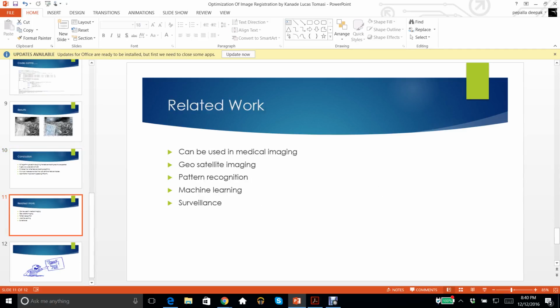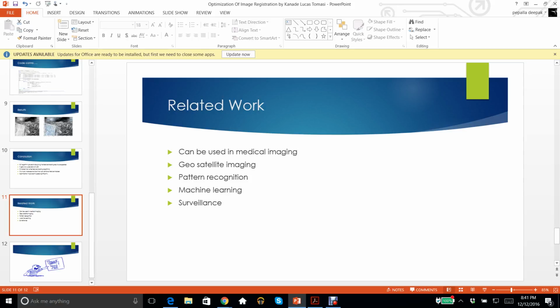Then coming on to the related work, as you can see, the KLT algorithm can be used in medical imaging, as we discussed in the first example. Then it can be used in geosatellite imaging for finding new foreign bodies or new objects in space with a fixed frame ratio.